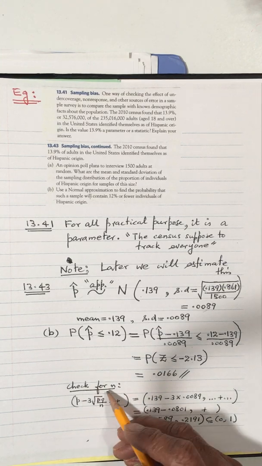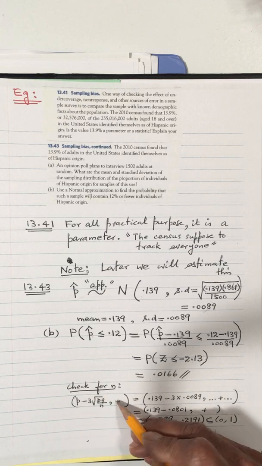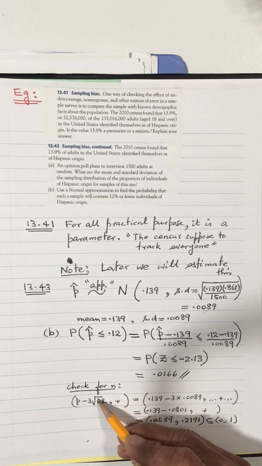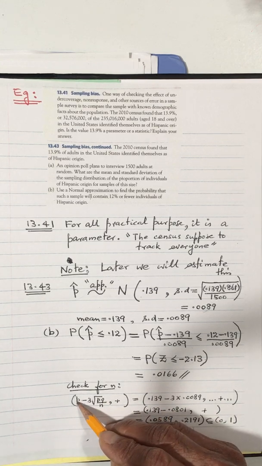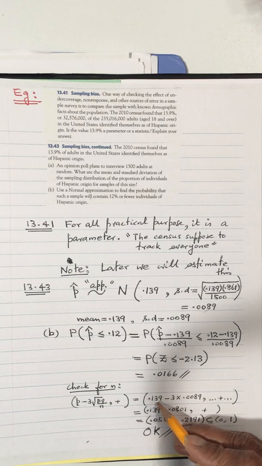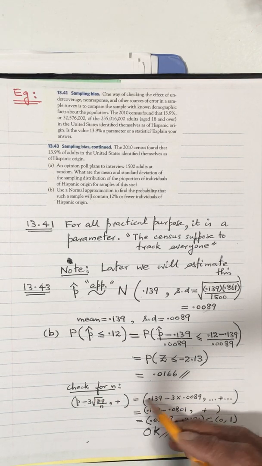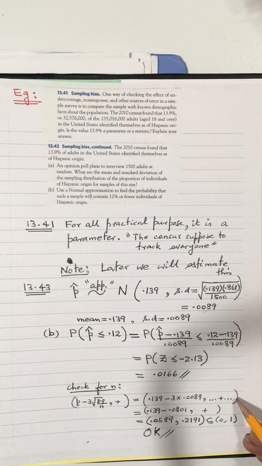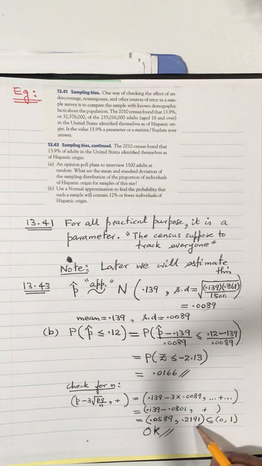So for you to check that this n is large, you need to calculate this interval just like in the previous case, p minus 3 times square root of that. So this is 0.139, 3 times this part is going to be this, so calculate this interval, this minus that, plus that, the interval is that.